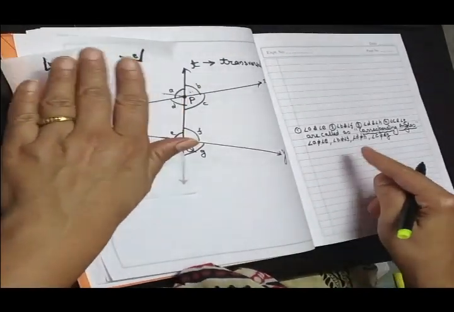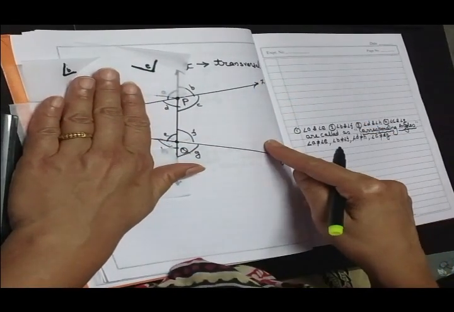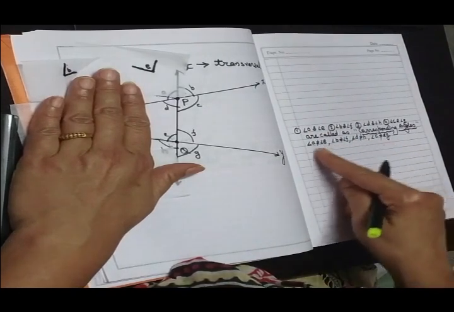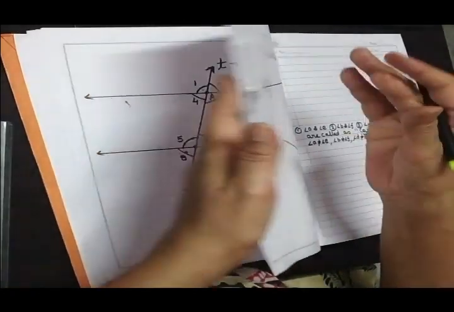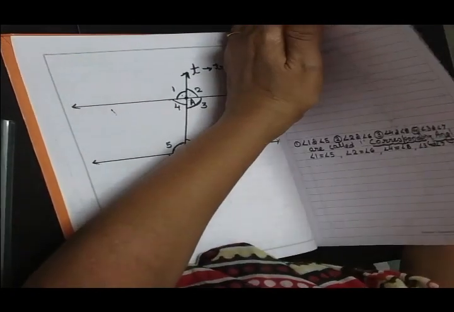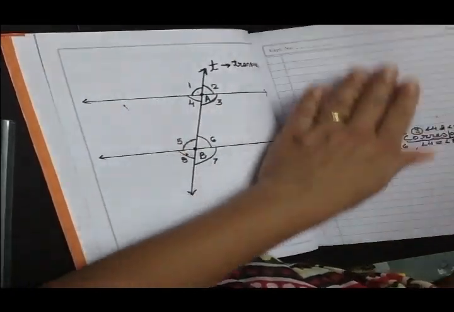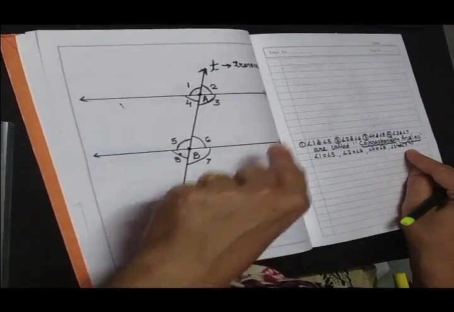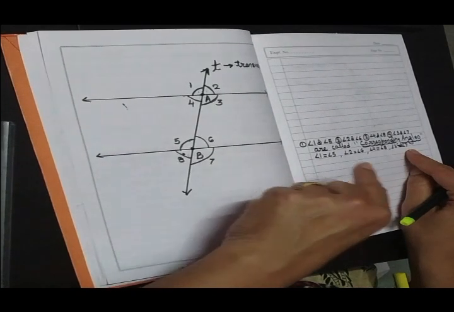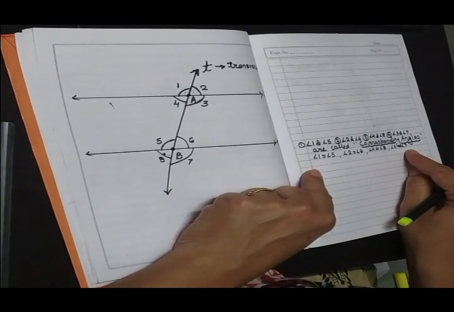So here, when the lines are not parallel, we are getting that these corresponding angles are not equal to each other in pair. But what is your conclusion here? These are the corresponding angles, these are the parallel lines, and are the corresponding angles equal?